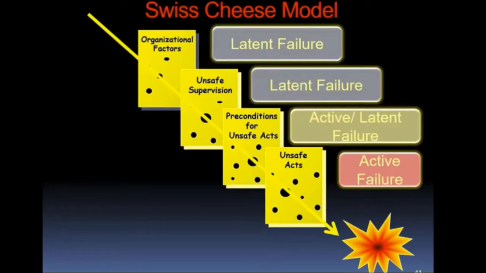So, what can lead to these failures? Usually it is the accumulation of these four things: the organizational influences, unsafe supervision, preconditions for unsafe acts, and the unsafe acts themselves.